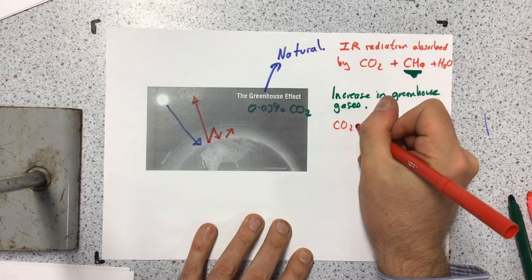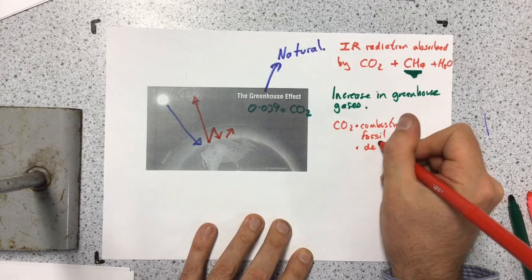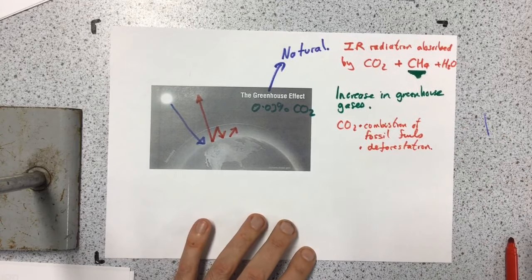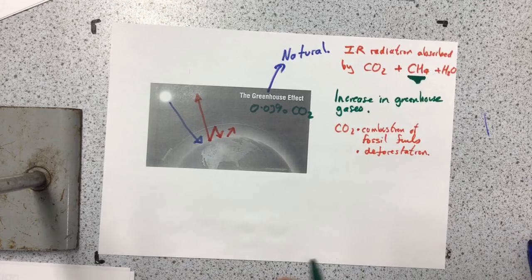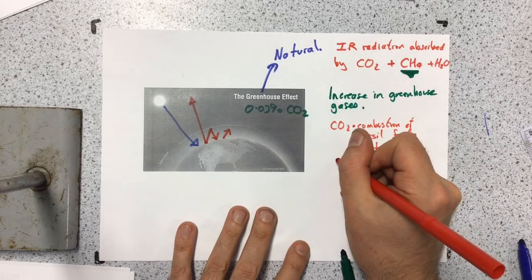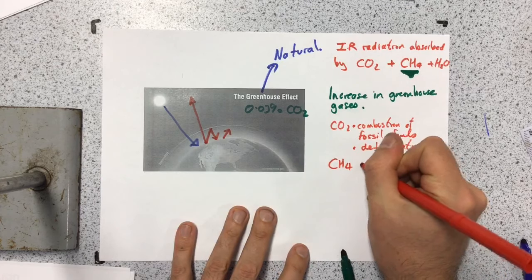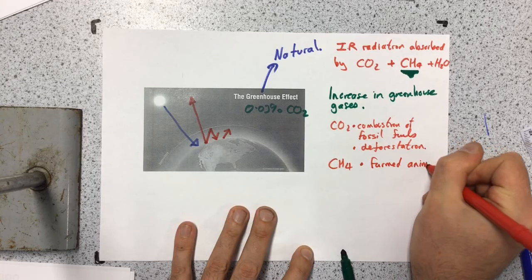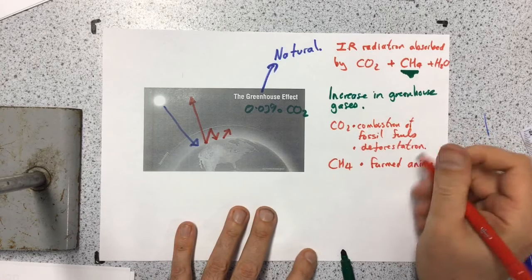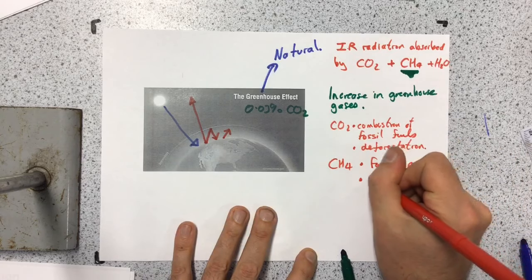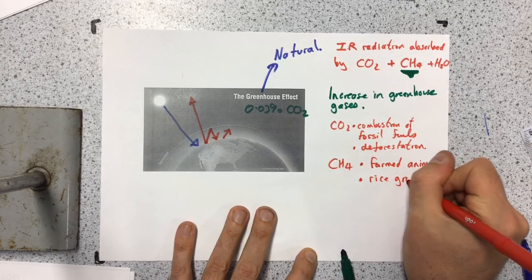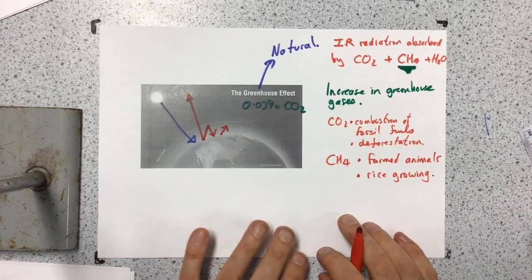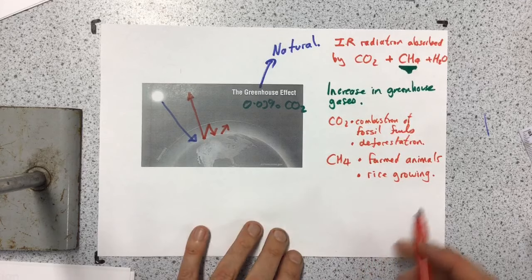There has been an increase in CO2 because of deforestation. Okay? There has been an increase in methane in the atmosphere from farmed animals. And what people don't realise is the main culprit is rice growing. Okay, rice growing in paddy fields produces way more methane than farmed animals.